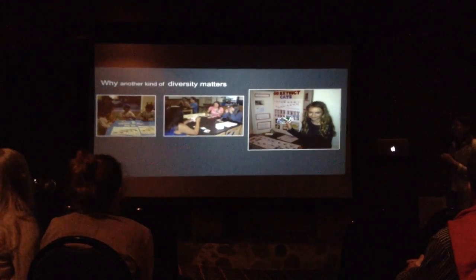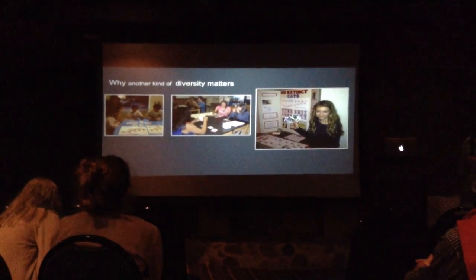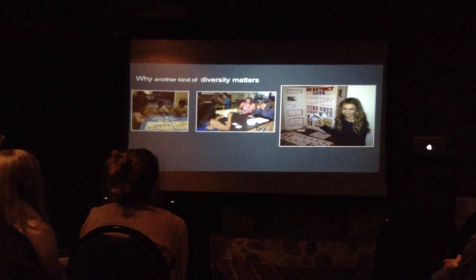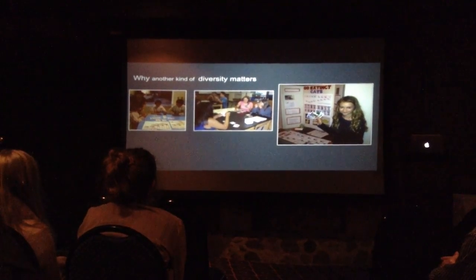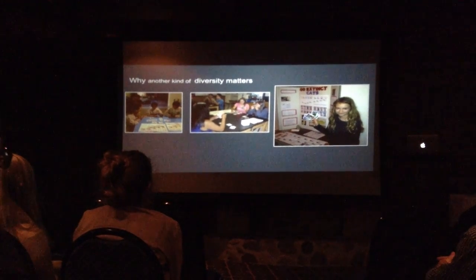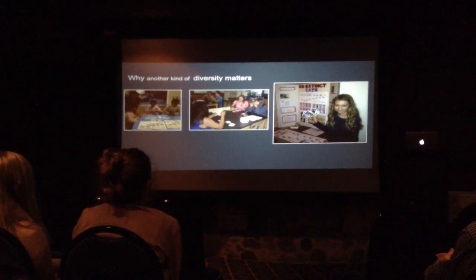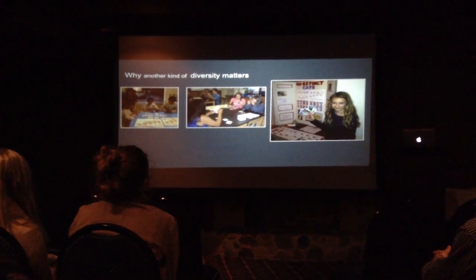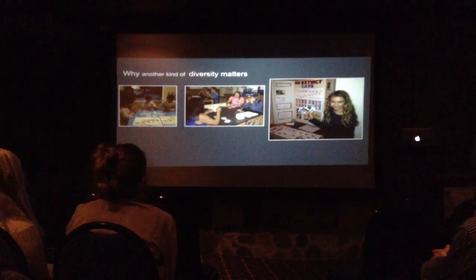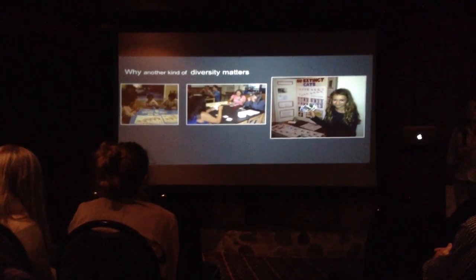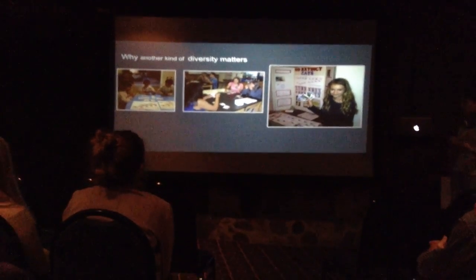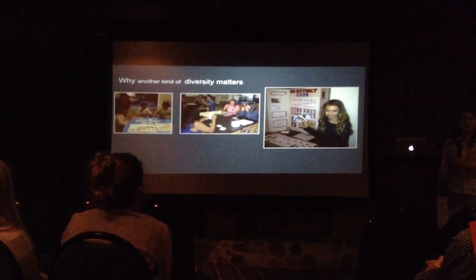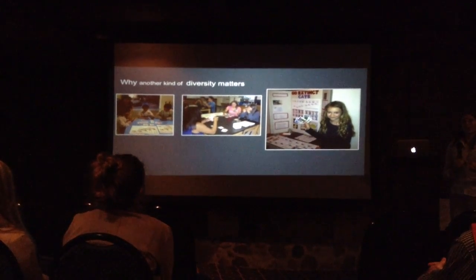And I just want to take a break for a moment. We've been talking about a lot of biodiversity, but this is why another kind of diversity matters. You hear all the time about initiatives to get more diverse people engaged in STEM, science, technology, engineering, math, but we rarely talk about why. Why is that important? I think there are two very good reasons. First is that everyone should have the ability to do what actualizes them.